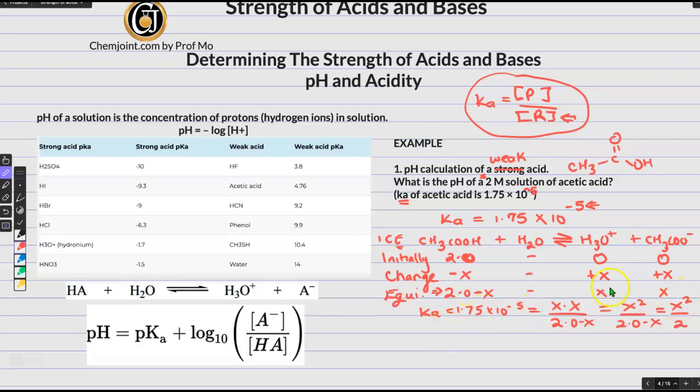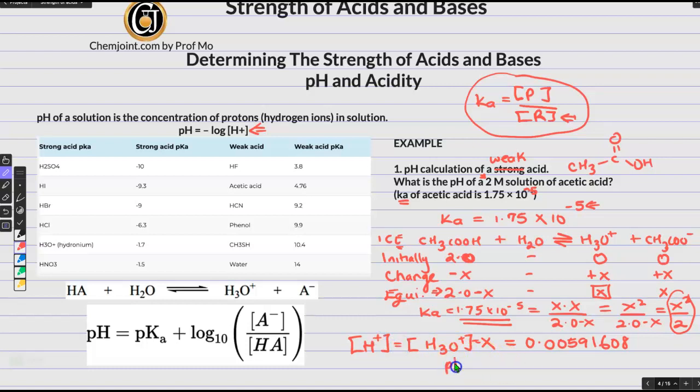So let's find the value of x, and that will give us the concentration of the acid, and then in turn we'll use the pH expression. If you do your calculations, remember you're considering this value and this expression right here, you find that x will be equal to 0.00591608. Okay, now that represents the concentration of H3O plus, which of course is just the concentration of the proton.